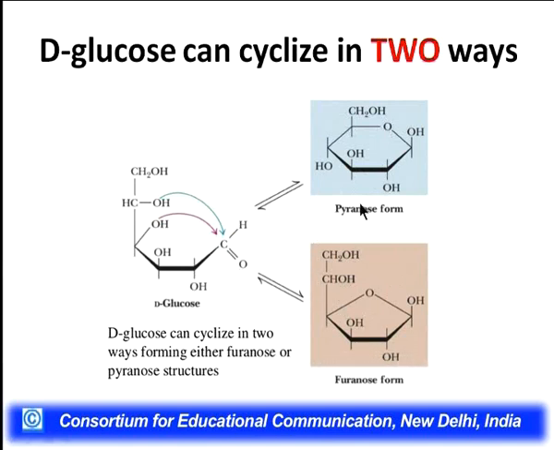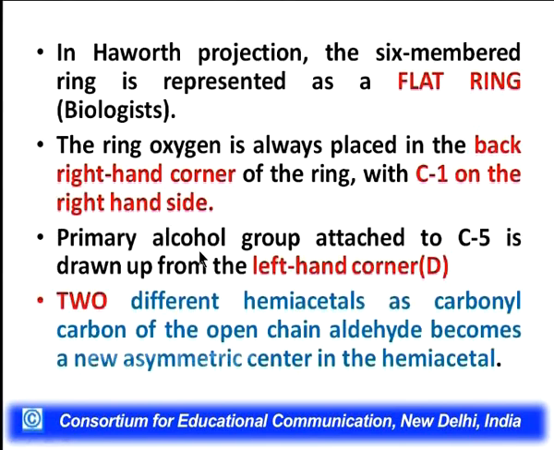But we know that six-membered rings are more stable as compared to five-membered rings. For six-membered rings, we can also put them in the chair conformation. Hence, the pyranose form of glucose is the more appropriate representation of glucose structure.